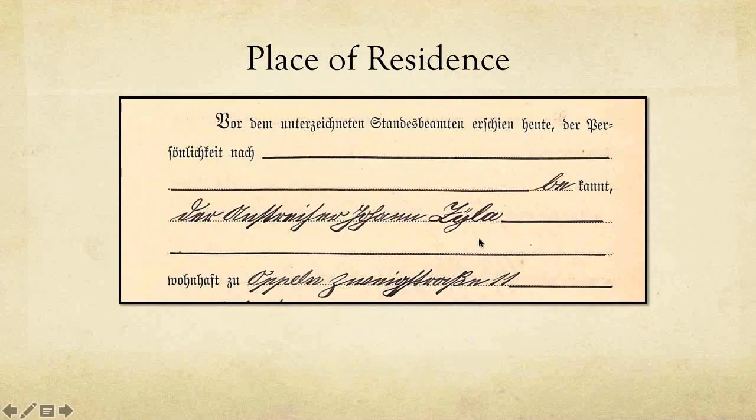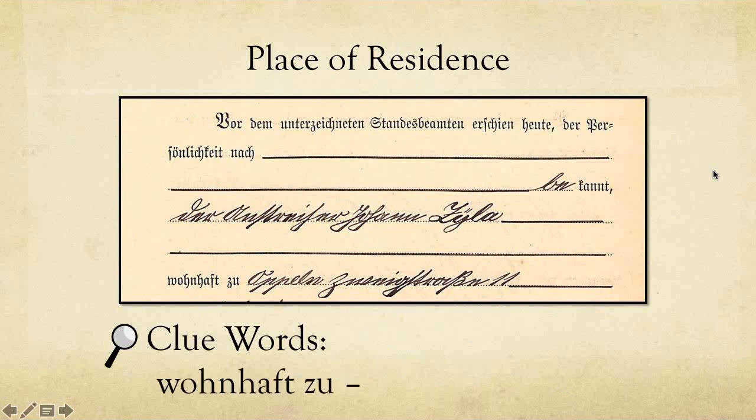Next, we want to get where they lived, and that luckily is another great clue word, and we're going to talk about this clue word in every subsequent certificate, so pay close attention. That is the phrase wohnhaft zu. That phrase means residing in. So we're going to have this in every certificate, wohnhaft zu.